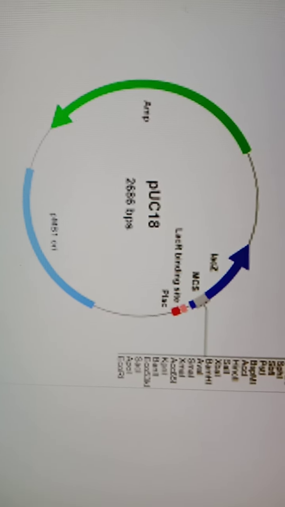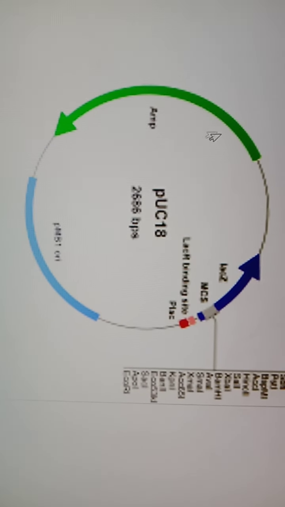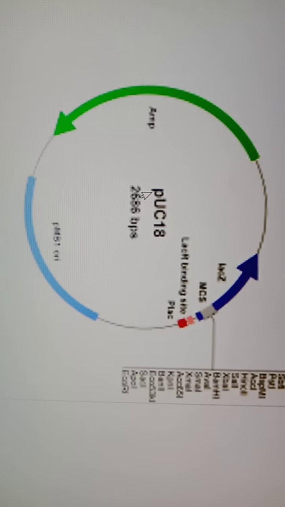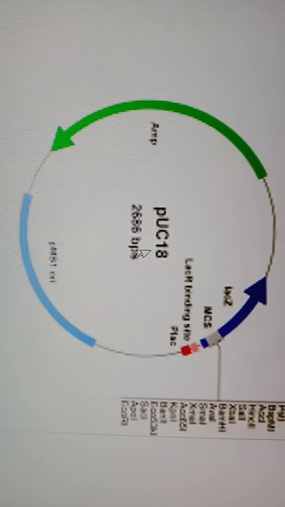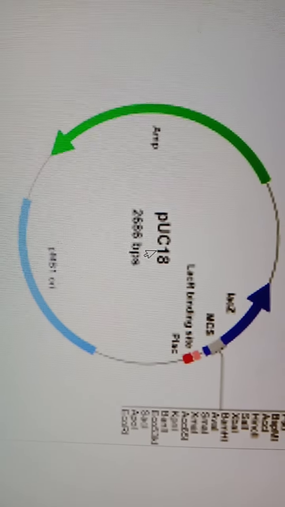Another important example of a plasmid vector is pUC18. Here p stands for plasmid, and UC stands for University of California.